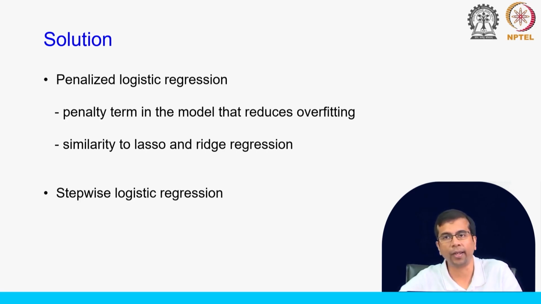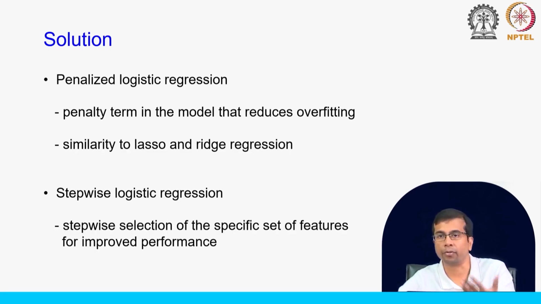We are familiar with the idea from linear regression: we stepwise select some of the features that might give us the best performance. This is something we also aspire to do here. We stepwise select the features that might give us the best results.